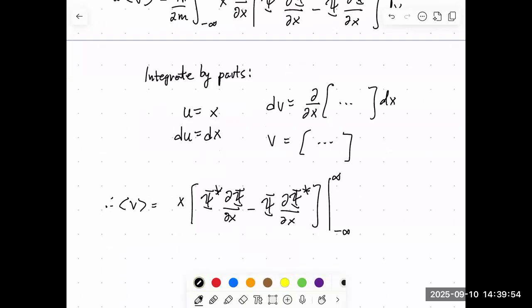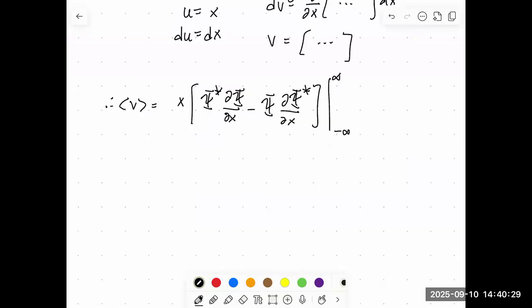What's this going to be? If somebody asks you what something complicated is going to turn out to be, what is it usually going to be? It's usually going to be really simple, like 0, right? Why would it have to be 0? Can you think of any kind of restrictions on phi? Yeah, the wave function goes to 0 at plus minus infinity.